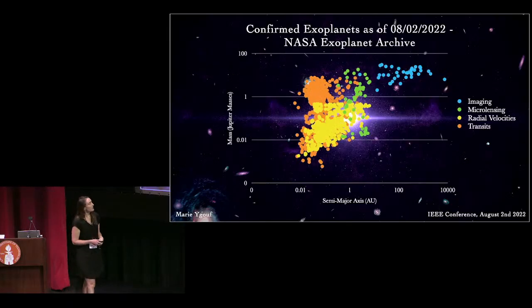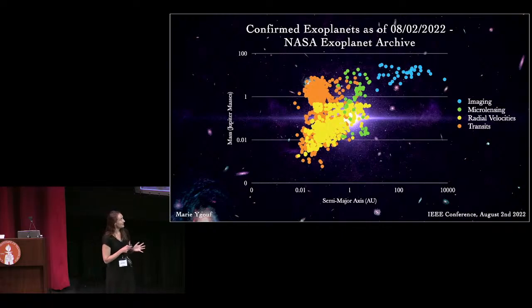So this is a plot of confirmed exoplanets as of today, and you can see that the transit technique that I was talking about just before is a pretty successful technique. It discovered a lot of those exoplanets, and along with the radial velocity technique, the majority of planets have been detected by what we call indirect techniques.